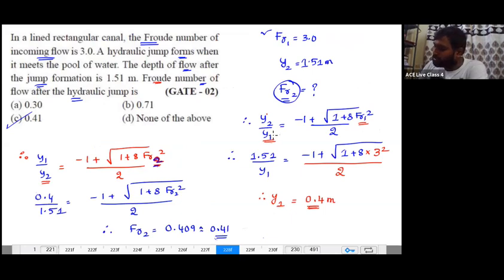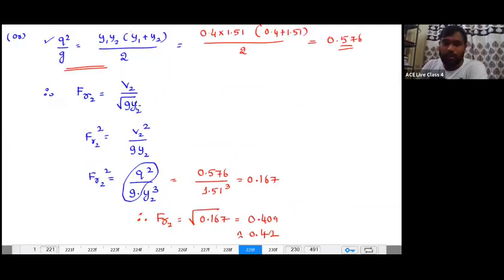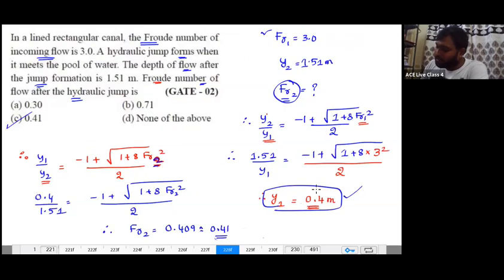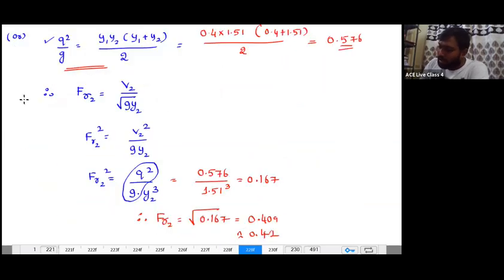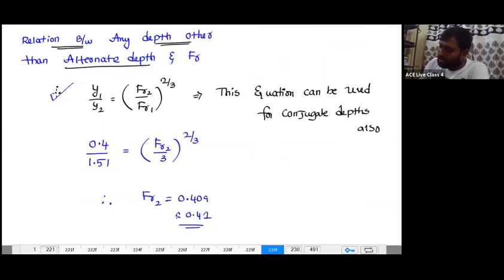So from this equation I can find Y1 and substitute it. Once I know Y1, I can use this relation, or this relation, or this relation. Without finding Y1, you cannot use any other relationships.